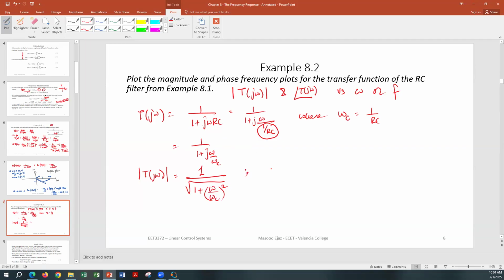And the expression for the phase response. Now, not just inverse tan, there's something else as well.